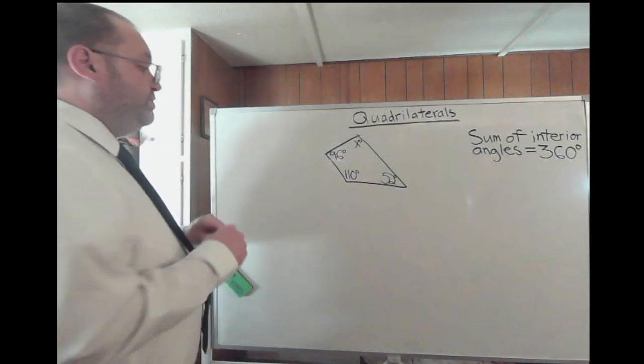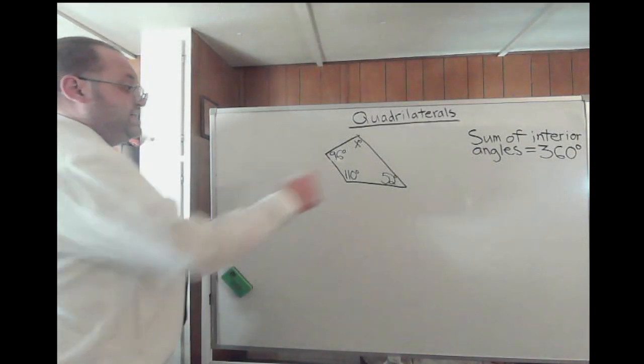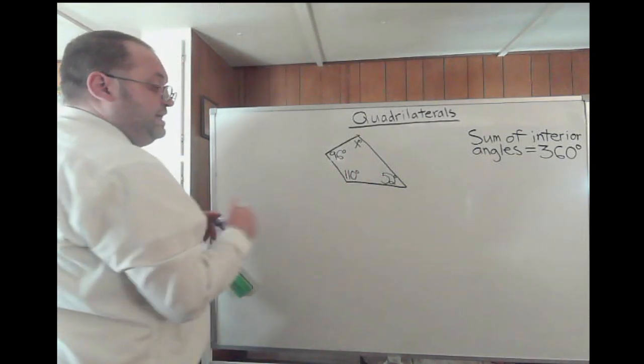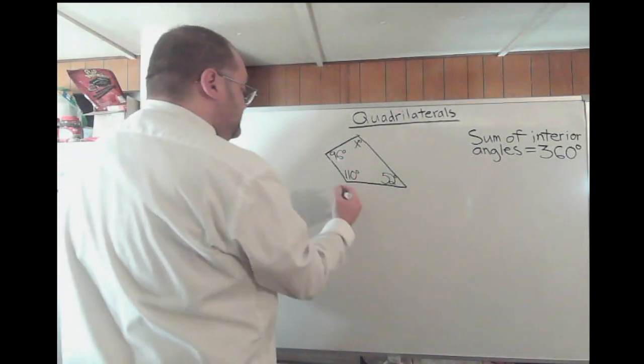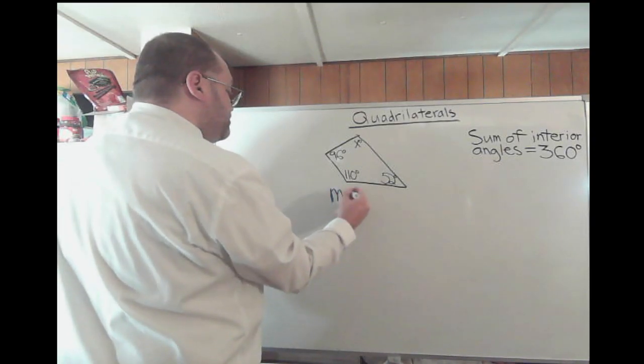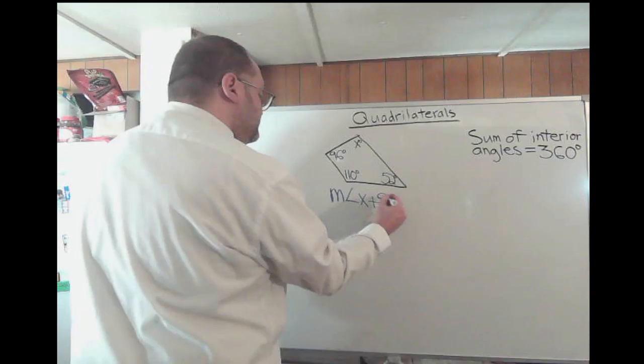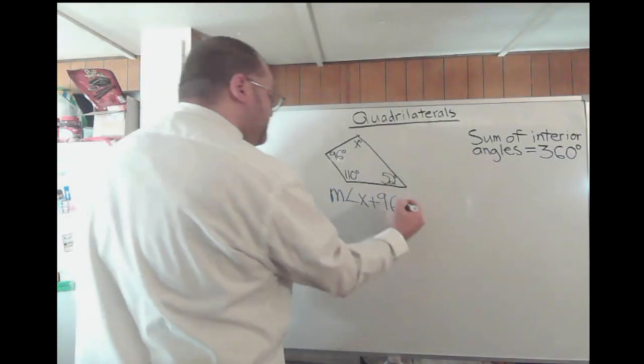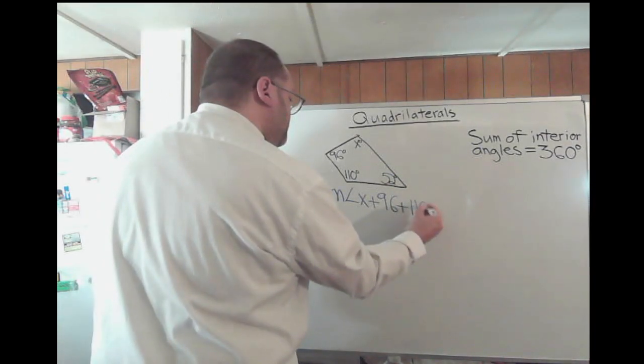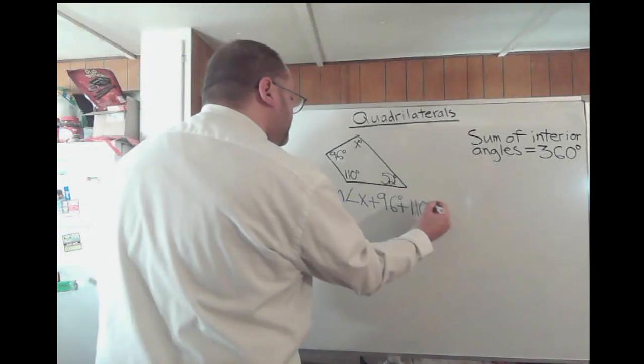What we're going to do here is take all four of these angles, add them together, set them equal to 360. So you'll take the measure of angle x plus 96 plus 110, plus the 52 degrees. I should probably put the degree symbols.